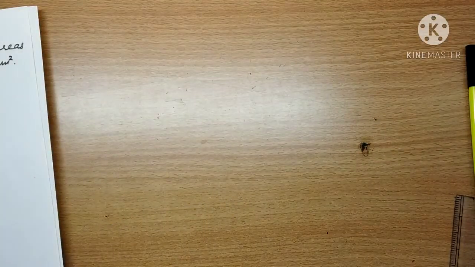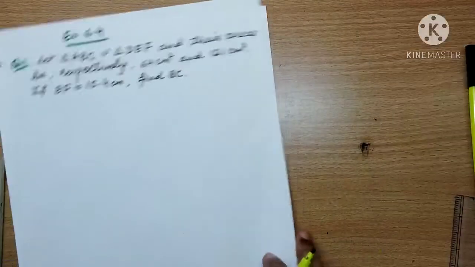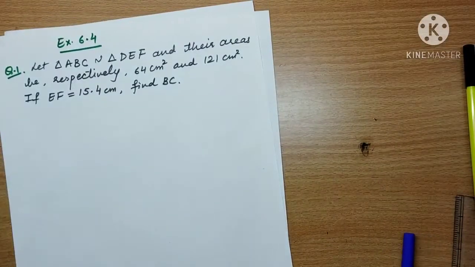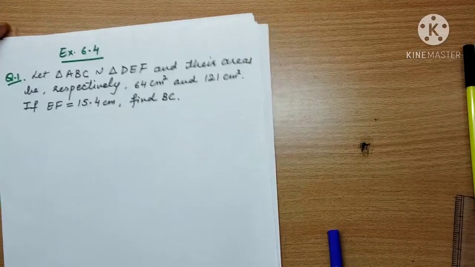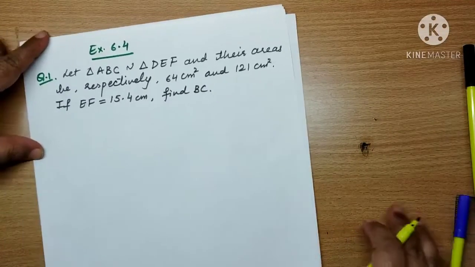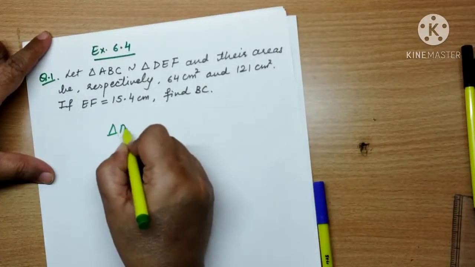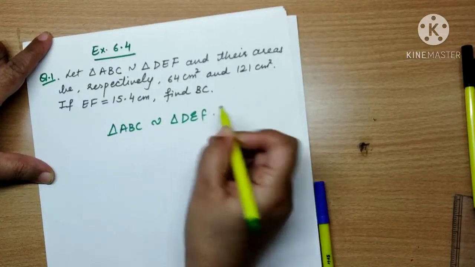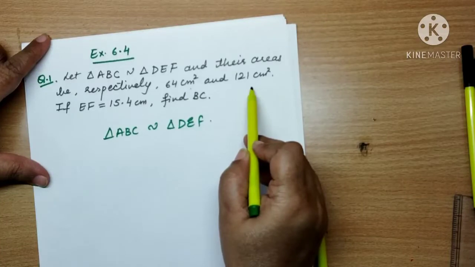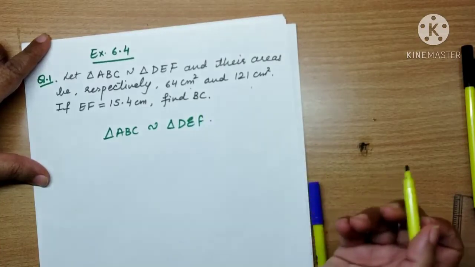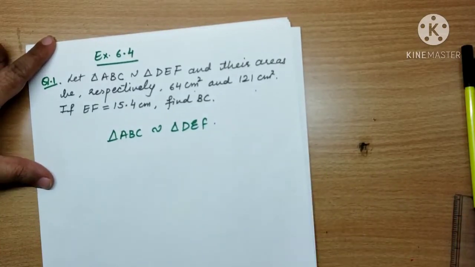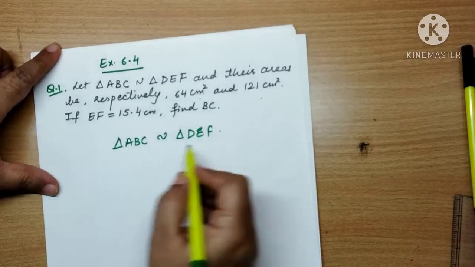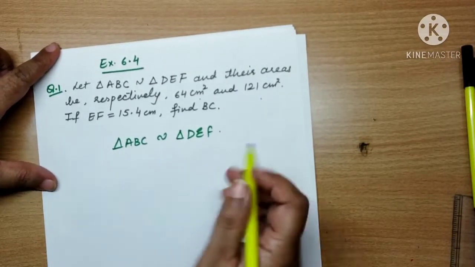Now moving on to the first question of the exercise. Question 1 of the exercise says, triangle ABC is similar to triangle DEF. The given triangles are similar, and the areas of the triangles are given to us. If triangles are similar, obviously this is a question on the ratio of the areas of two similar triangles, an application of that theorem.